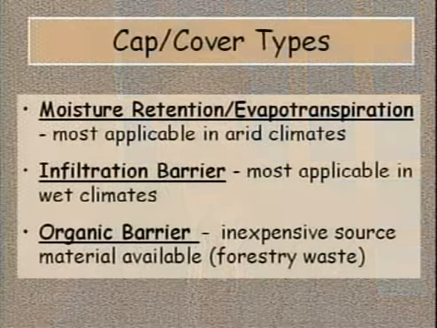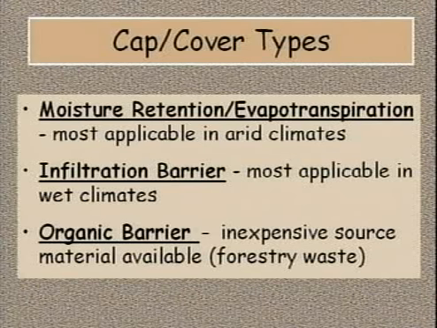Now let's talk about soil covers. Generally speaking, there are three types of soil covers, one for dry climates and a second for wet climates. The third is the organic barrier that might be appropriate in either climatic situation. The focus of the first two is water exclusion. But organic barriers have been successful in minimizing oxygen exposure of tailings and other mine waste as well.